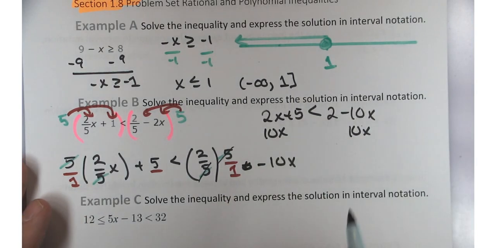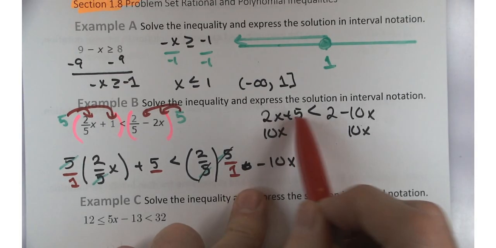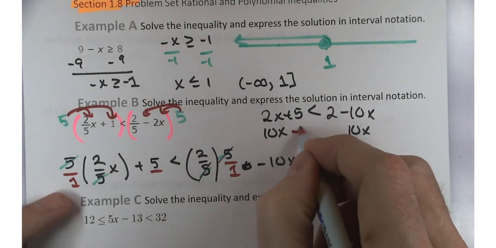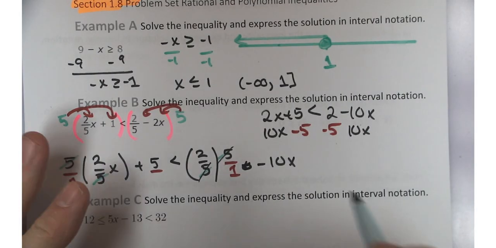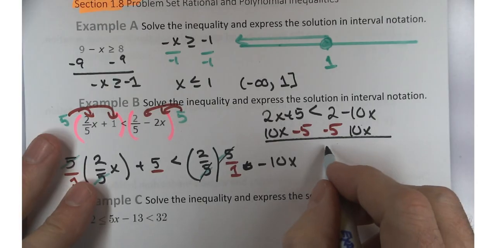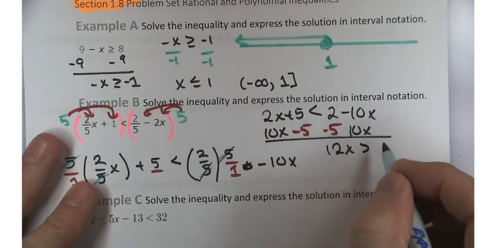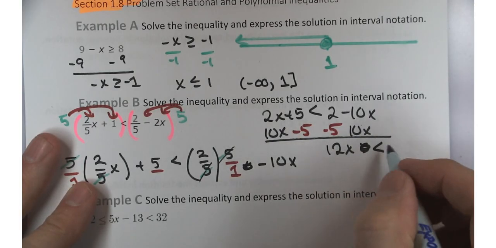And then at the same time, I want to move the constants to the right-hand side. I want to get rid of this, so I'll subtract 5 from both sides. And let's see what that gives me. That gives me 12x is less than negative 3.